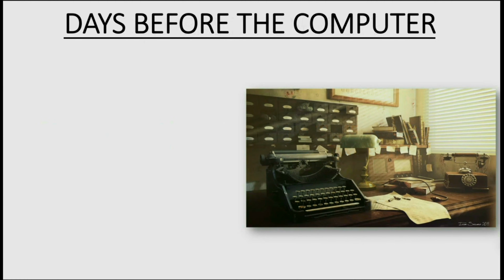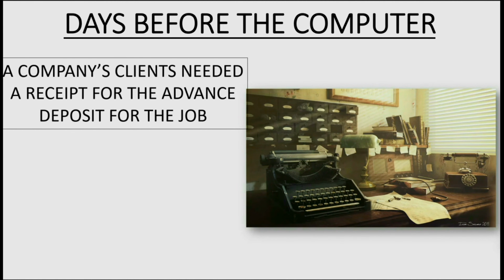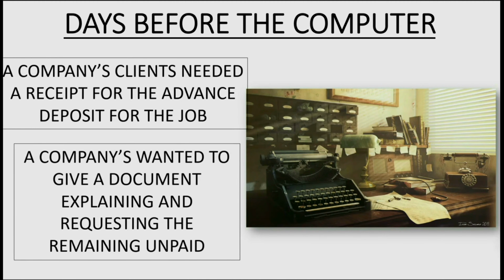We do that because this idea comes from how bookkeeping was done in the days before the computer. In the days before the computer, some companies' clients needed a receipt for the advance deposit for the job, and companies wanted to give a document explaining and requesting the remaining amount unpaid so that it's clear to the client what they're going to have to pay when the job is done.